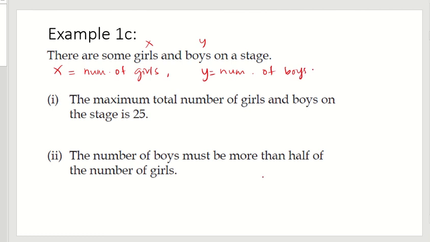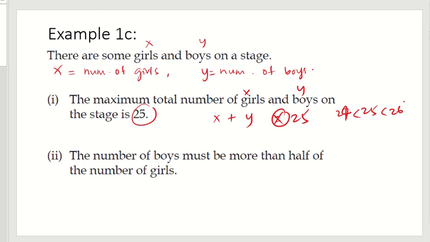Okay. The first one, maximum. The maximum total number of girls and boys on the stage is 25. x plus y equal to 25. So we cannot put equal. So maximum, 25, 26, 27. Maximum, 24, 25, 26.